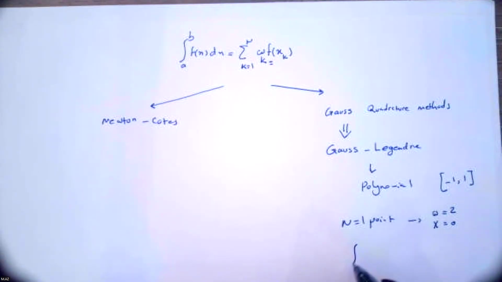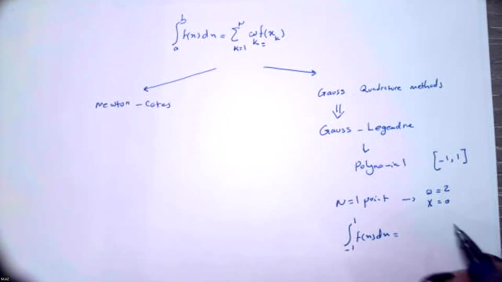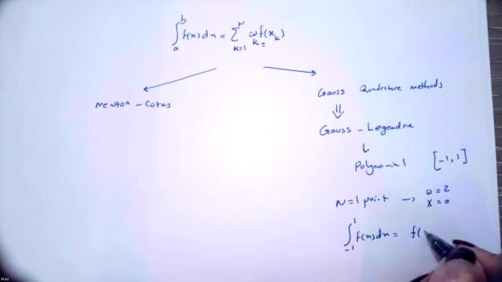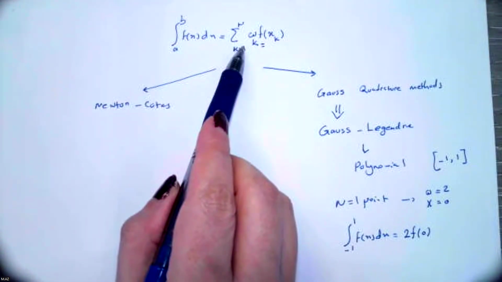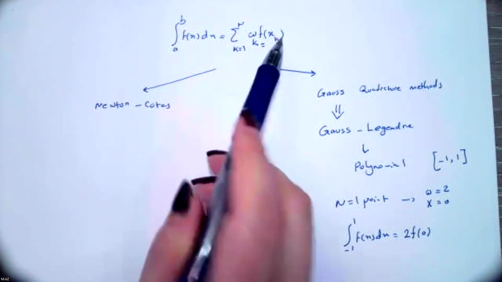It means if we have this integral f of x dx, instead of taking an integral directly from this function based on calculus knowledge, we evaluate this function at point 0 and multiply by 2. Because based on these equations, for 1 point, we have w f of x naught.